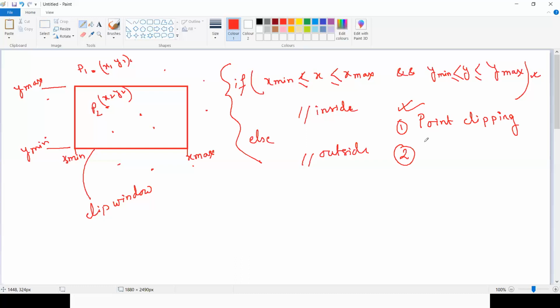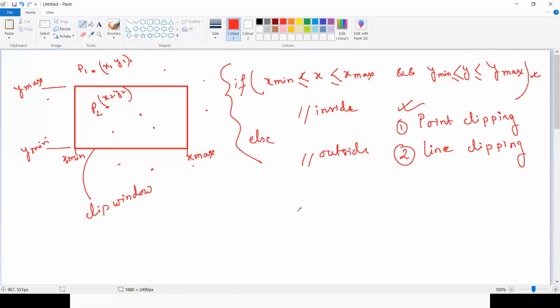This is called the line clipping algorithms. In the line clipping algorithm, we will check whether the line is present totally outside of the clip window, or totally inside of the clip window, or some portion of the line segment belongs to the clip window.